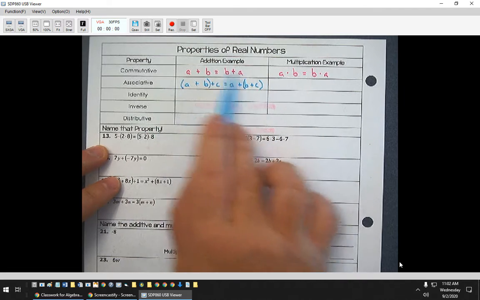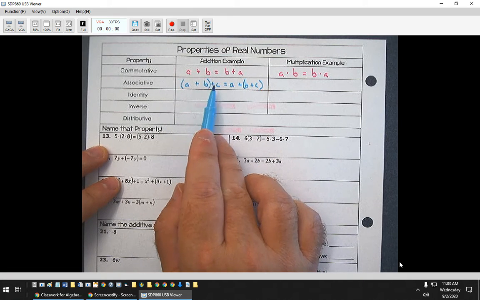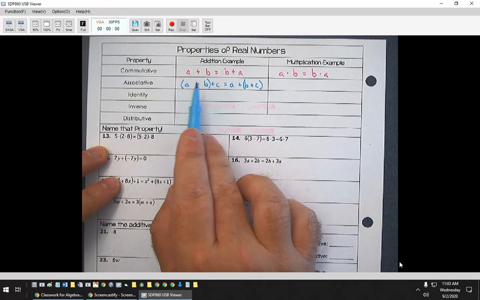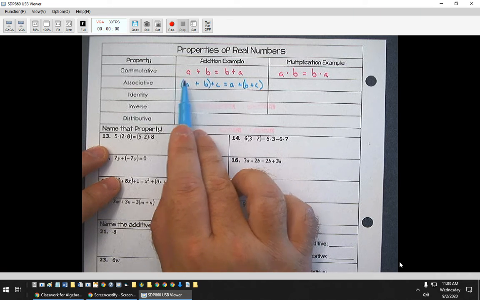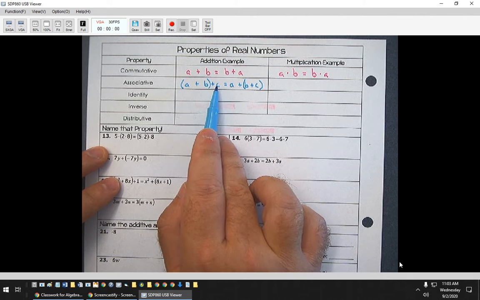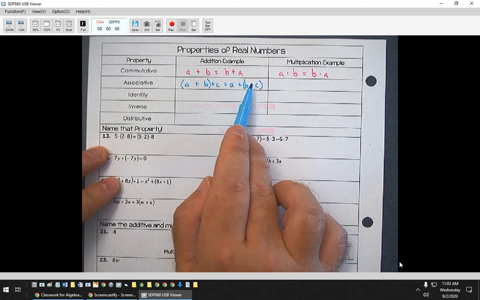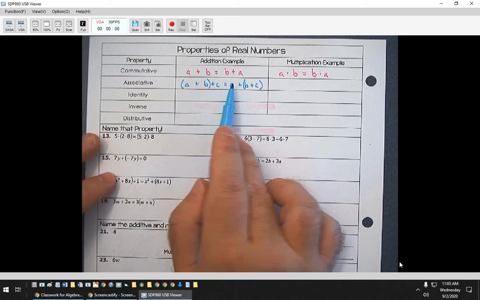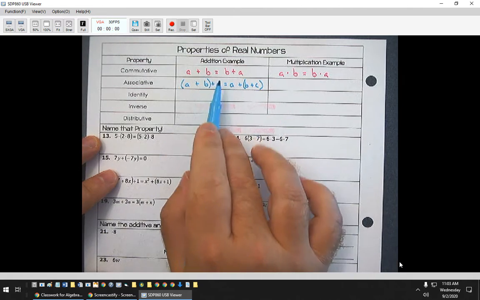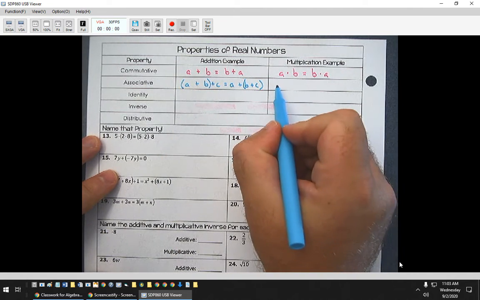Now, I'm still going to have the same conversation. So let's say the letter B is Miss Chesney. If she comes and talks to me first and has a conversation about what we're doing on a delayed start Wednesday, and then she goes and talks to Mr. Wojo, what's the difference if she talks to Mr. Wojo first and then tells me about it? She's still going to tell us the same stuff. And that works the same when you start to put some numbers in there.